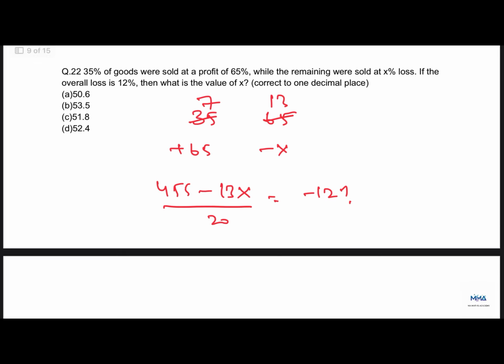So 13x is going to be 455 plus 240, which is 695. So x is approximately 53.5.